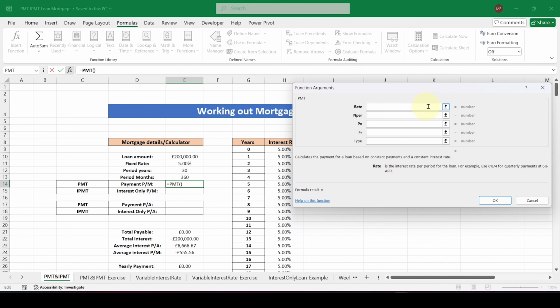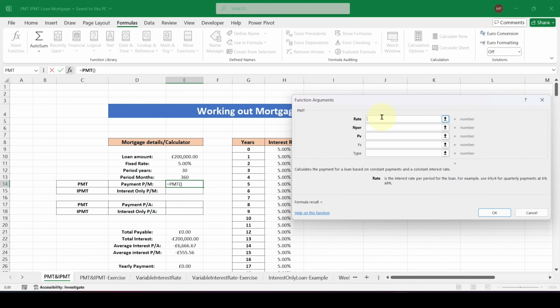The first input cell is asking for the rate. That's going to be the 5% here, and this will need to be divided by 12 because we are trying to find the monthly payments. Then we have the number of periods. This is going to be 360 months right here.